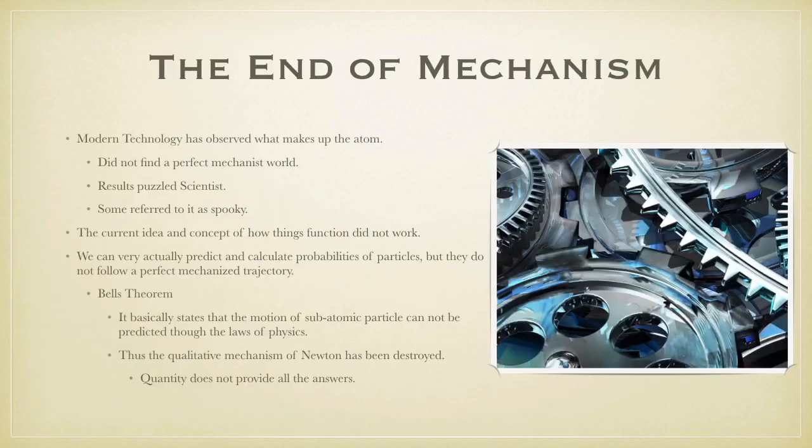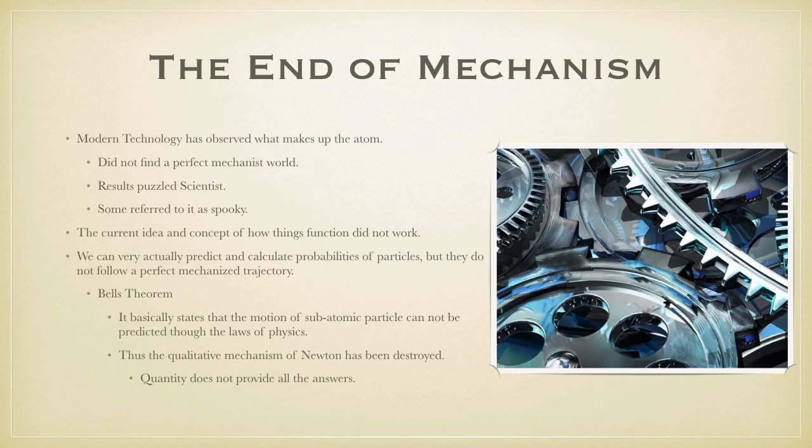Modern technology has allowed us to observe the atom at a microscopic level that was never before possible. At this extremely small level of examination, we did not find the perfect mechanistic world, and this puzzled scientists. Albert Einstein referred to this finding as spooky. The traditional mechanistic paradigm was overturned, and new theories would need to be devised.